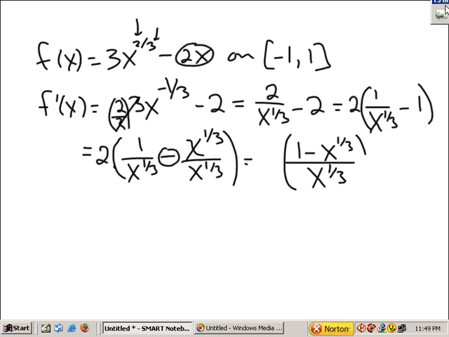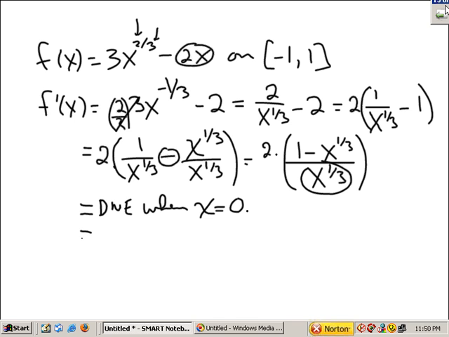But please, don't forget to multiply by 2. Okay. Now, this does not exist when the denominator is 0. When the denominator is 0 is when x is equal to 0. Okay? It equals 0 when the numerator is 0, but the bottom is not. Well, 2 is never 0.